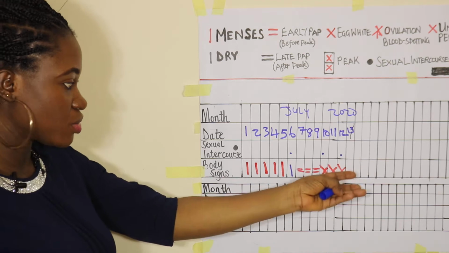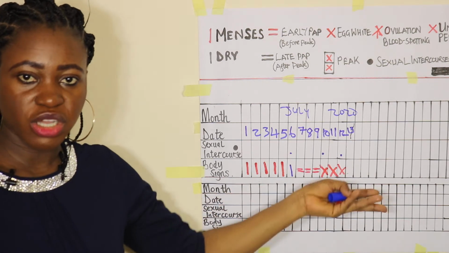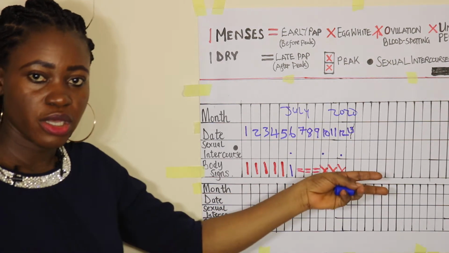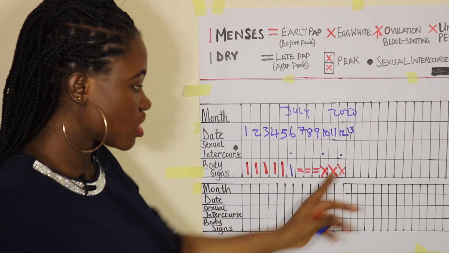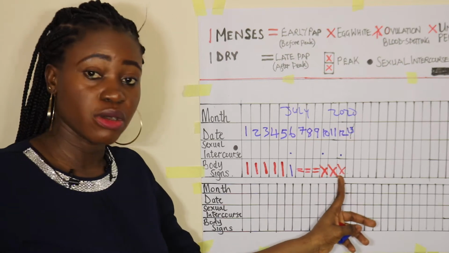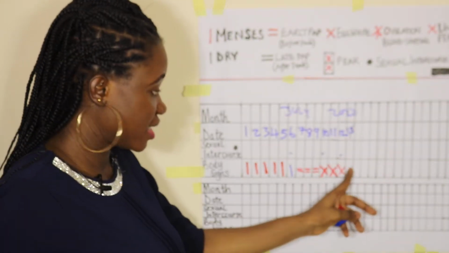And then what came out today is either watery or thick, like pap, akamo. So she did not see stretchy mucus throughout day 13.